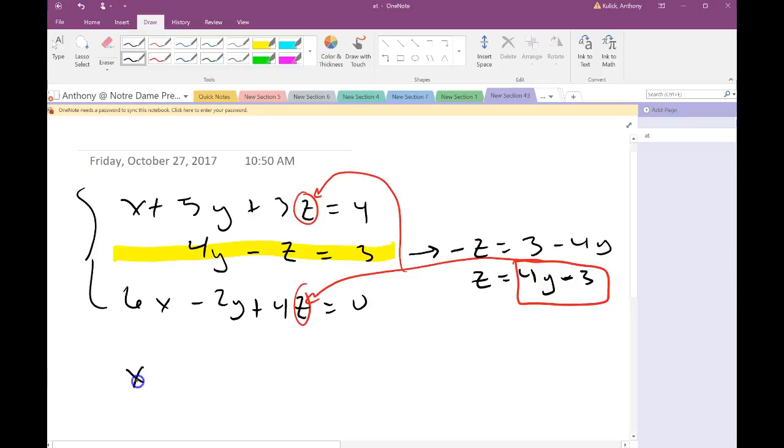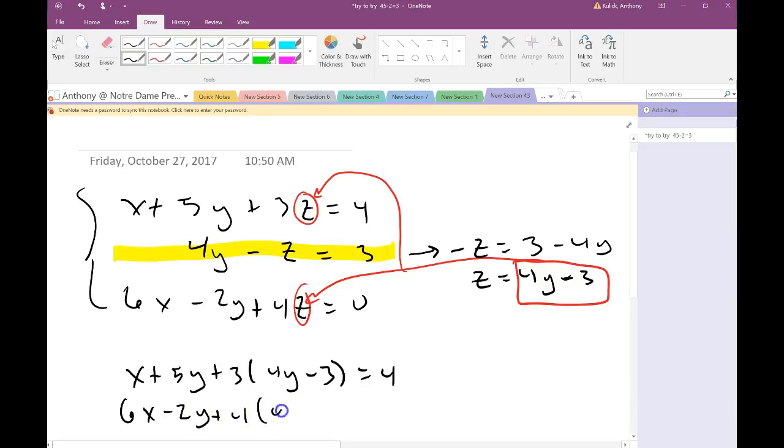So when I do that, I can have x plus 5y plus 3 times 4y minus 3 equals 4, and 6x minus 2y plus 4 times 4y minus 3 equals 0.